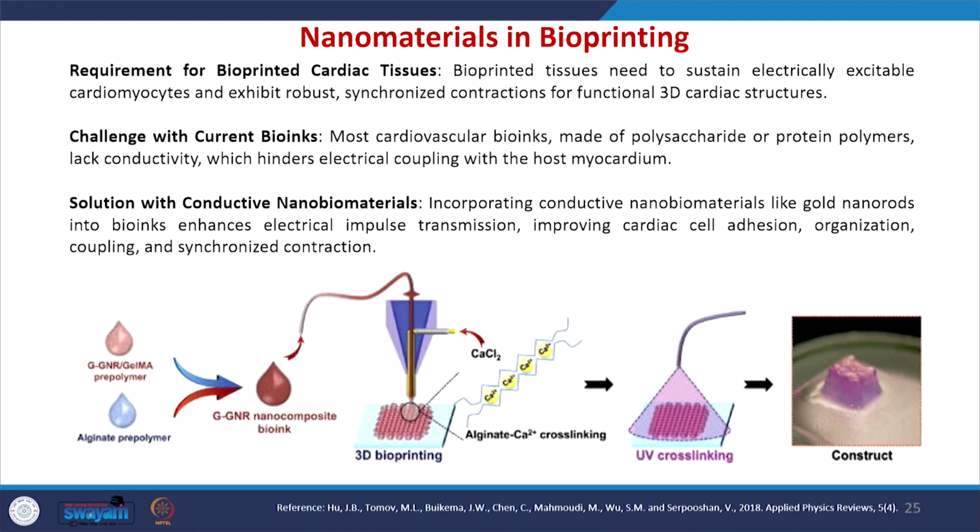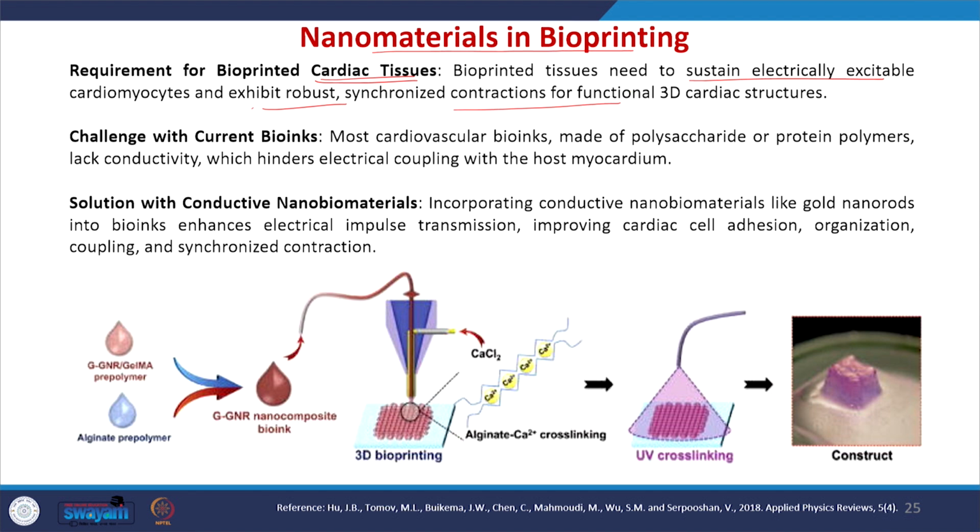Let us see another example to understand the role of nanomaterials in bioprinting. Whenever we print cardiac tissues, we have to make sure that the printed tissue is able to sustain electrically excitable cardiomyocytes and exhibit robust and synchronized contraction for functional 3D cardiac structures.